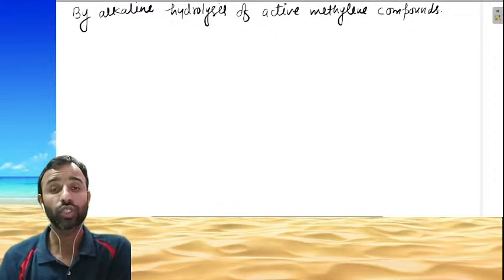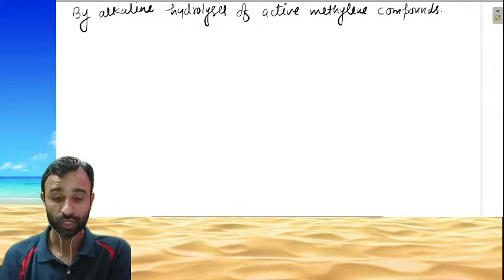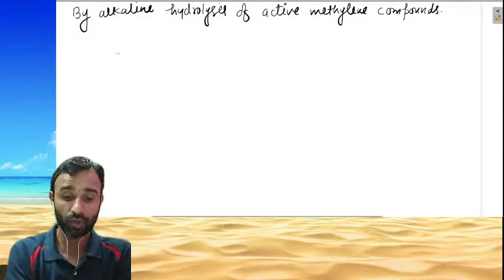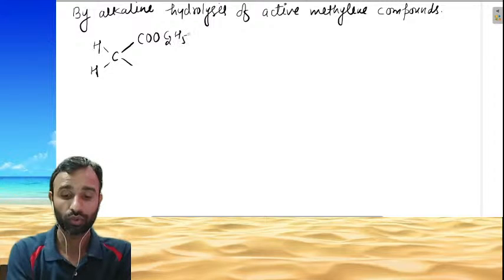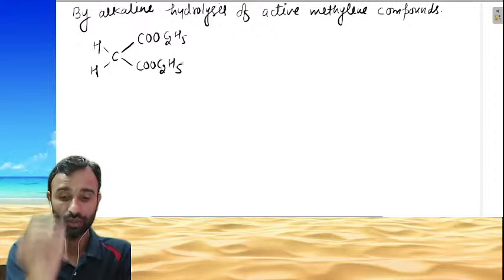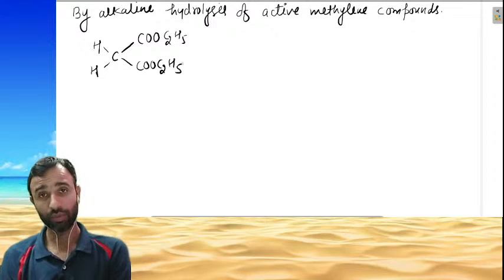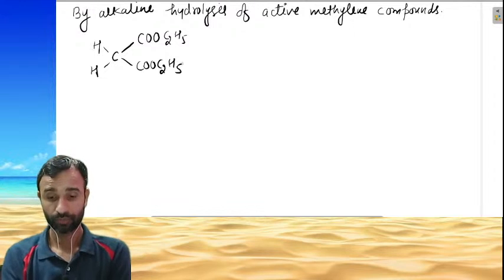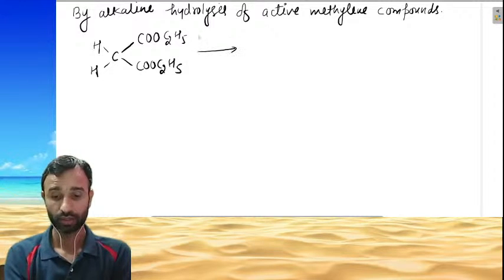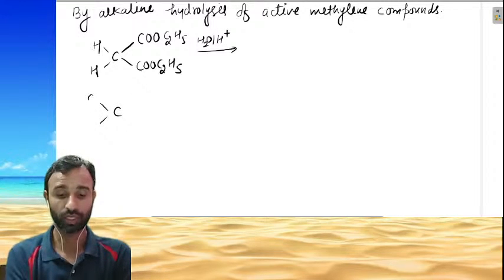Now, active methylene compound means when carbon is attached to electron withdrawing groups. Carbon is attached to active methylene groups. Now tell me, what are the products formed in these cases?